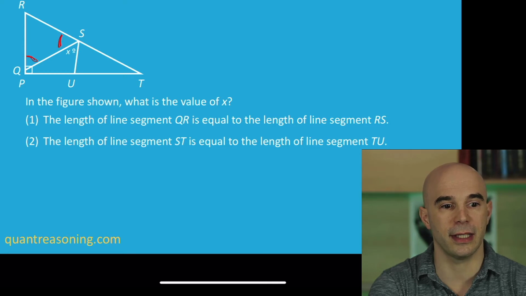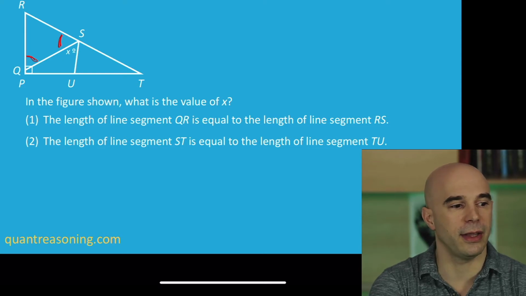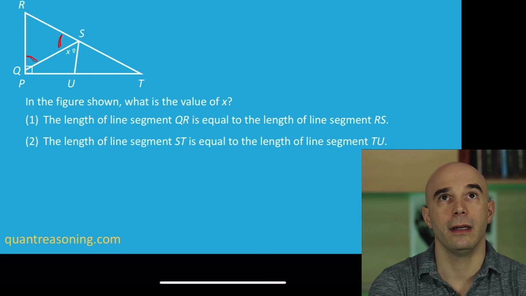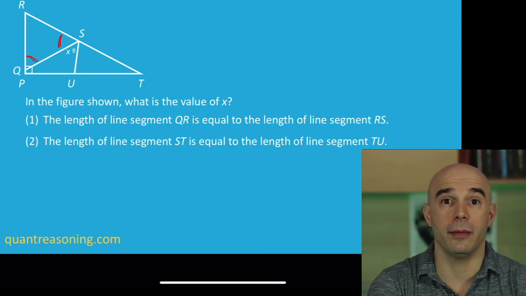As long as the statement allows for multiple values of what they're asking for, then it's not sufficient. To me, that's the quickest and easiest way to prove insufficiency if you're capable of visualizing this stuff in your head.